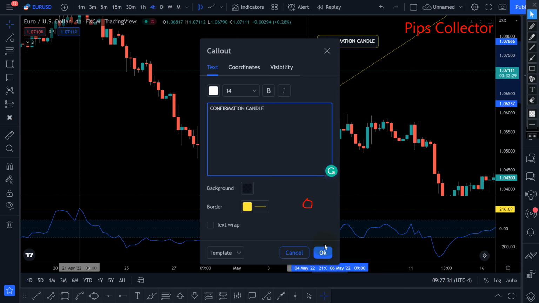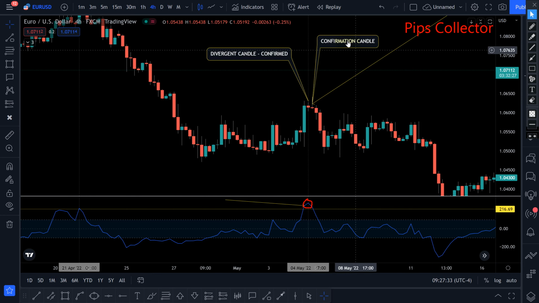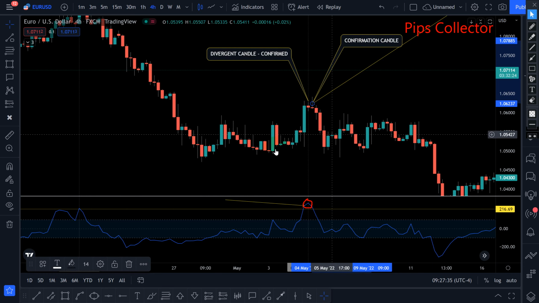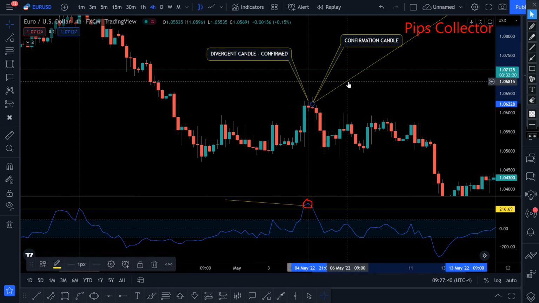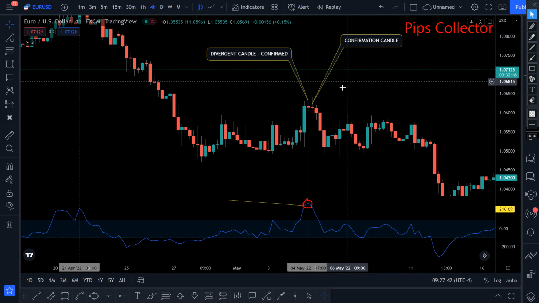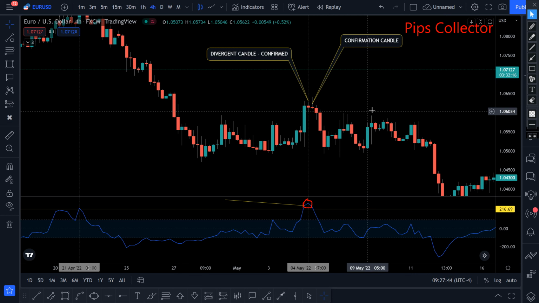Now, this is where the skill comes into play. You see a lot of patience. You see how many hours you must have waited for this to play out. Patience is a virtue in this strategy. In fact, in life and in this kind of venture.